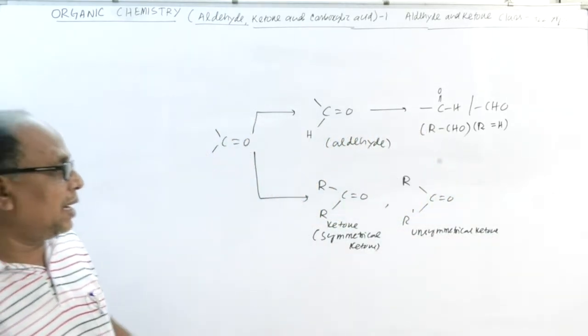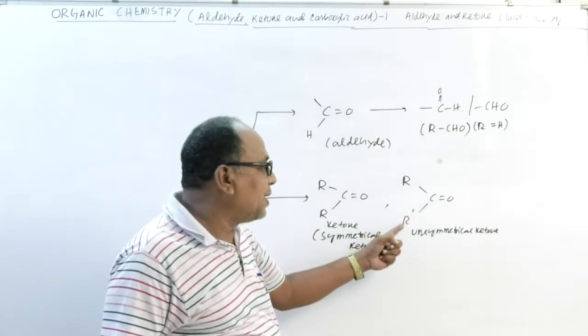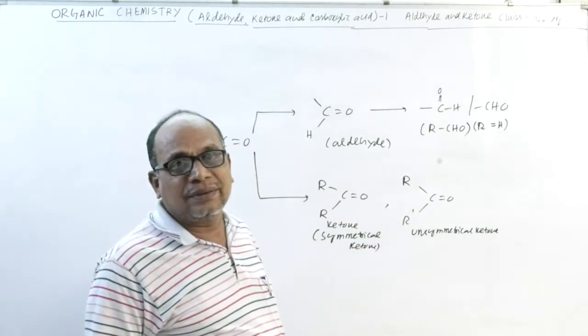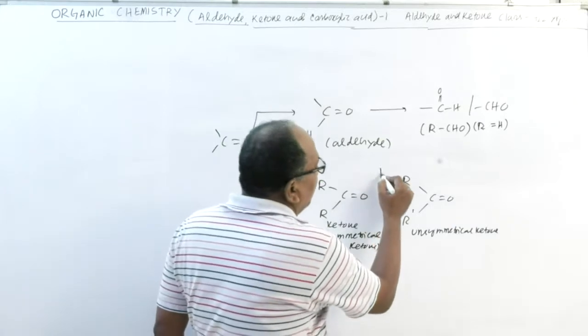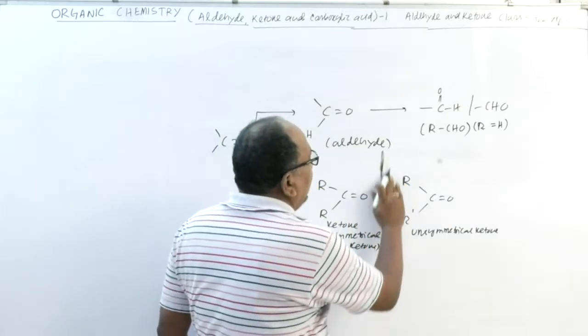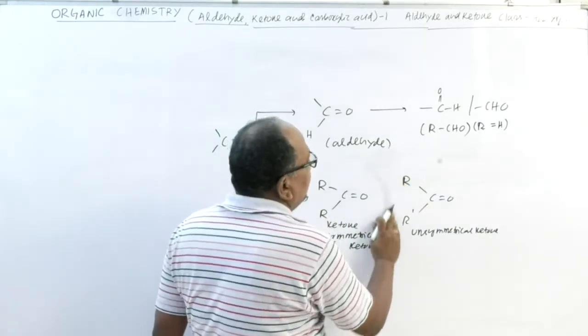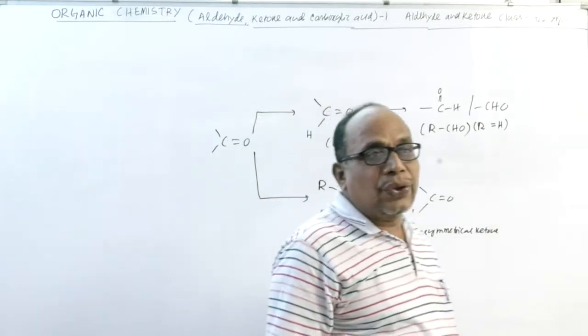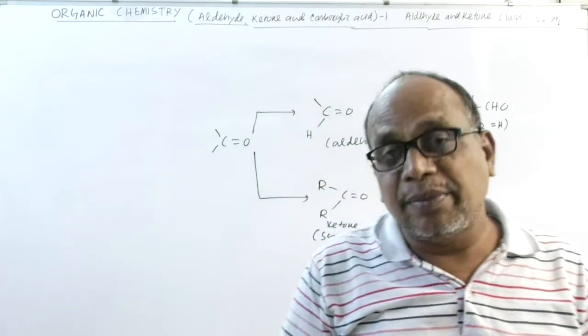Why is it called unsymmetrical? Because R is different from R'. If the alkyl groups are the same, it is symmetrical; if different, it is unsymmetrical.